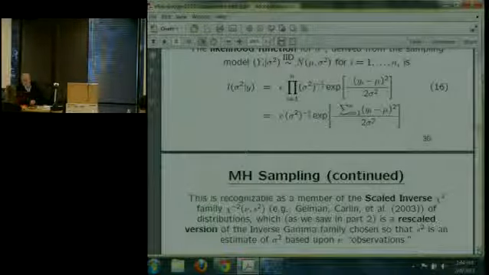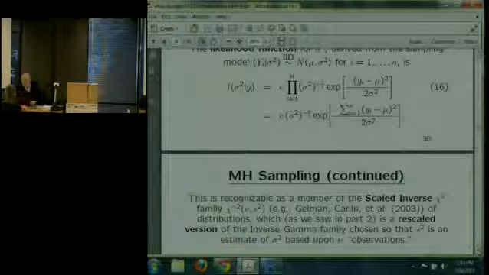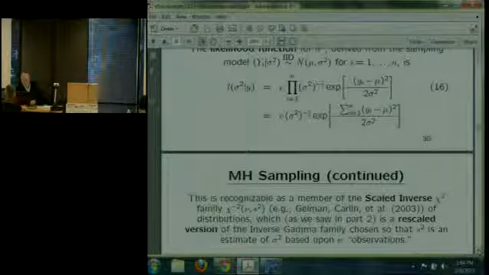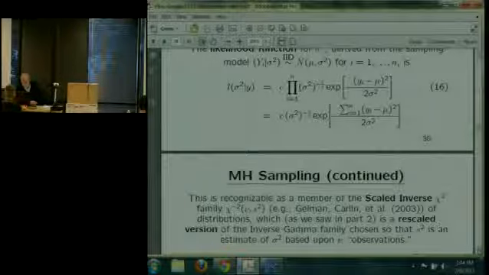In fact, it's a member of that thing that earlier we called the scaled inverse chi-square family. And all that means is that this is a rescaled version of the inverse gamma family, which in turn is arrived at by taking draws from a gamma distribution and taking the reciprocal of those draws. So it's all kind of well-known distributions.